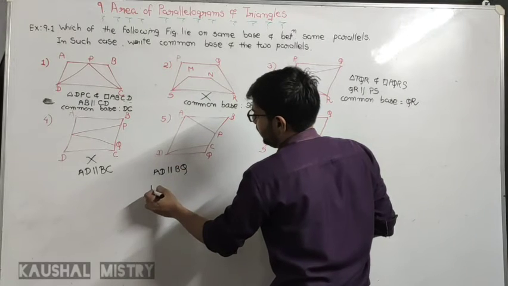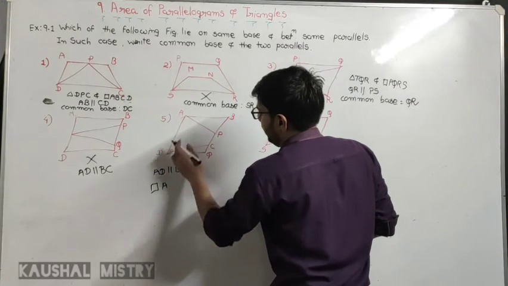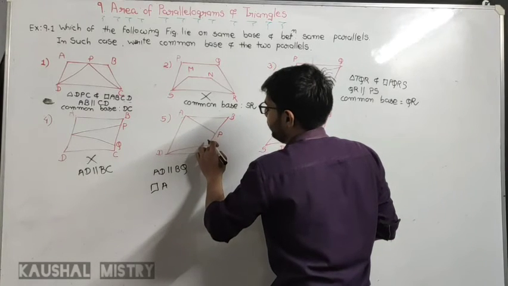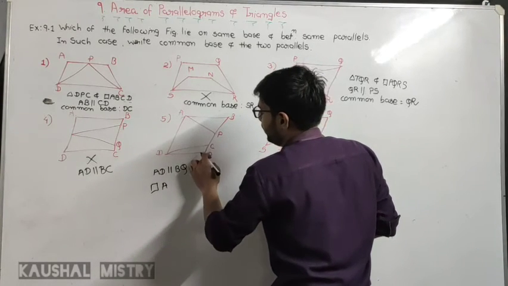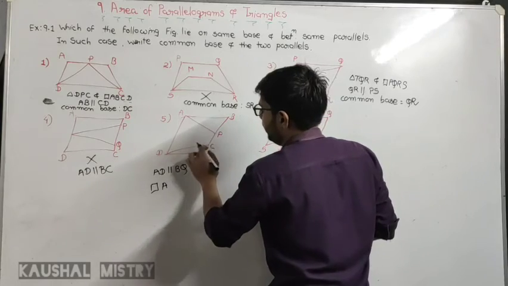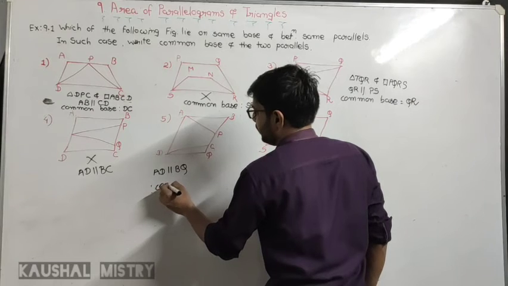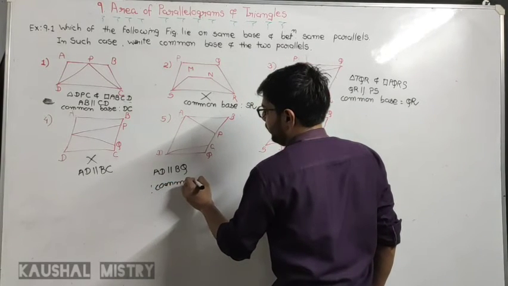Now here AB is parallel to PQ, right? And the two figures will be ABCD and APQD, right? So we will write the common base in any figure, that is AD.